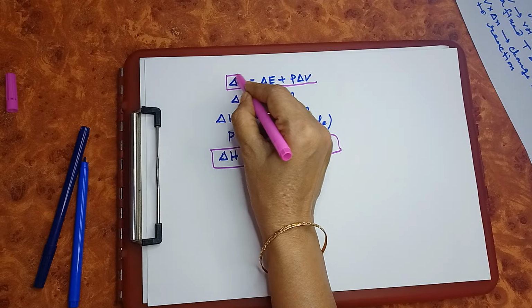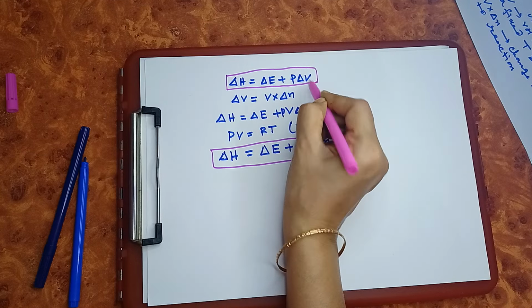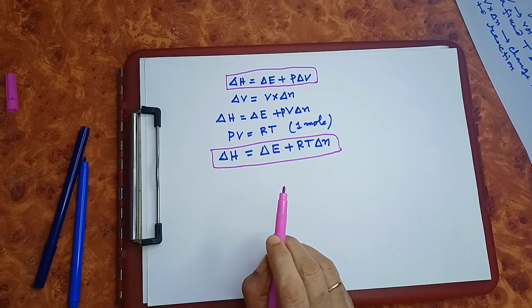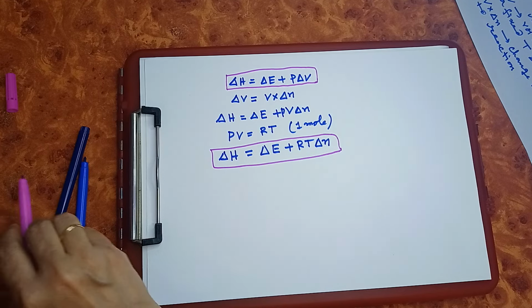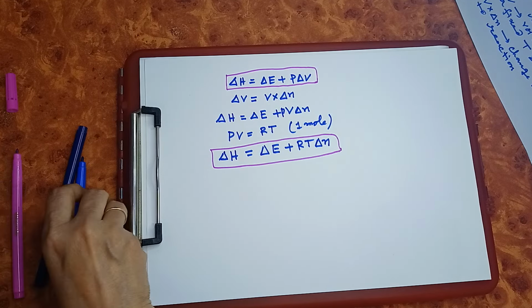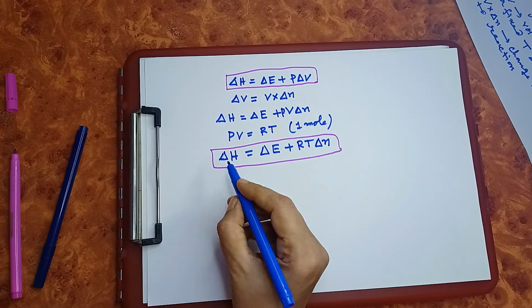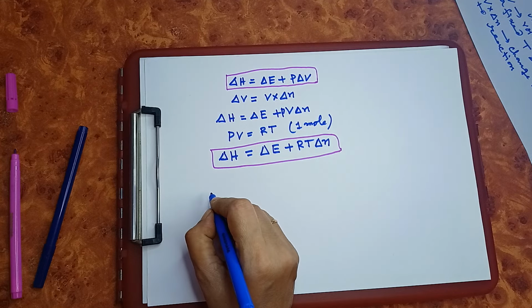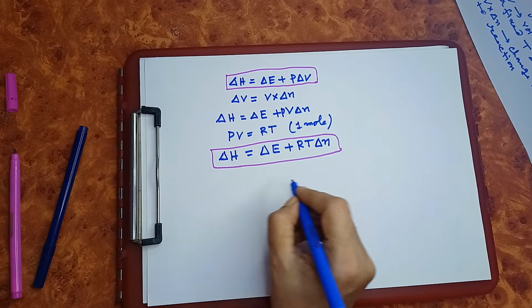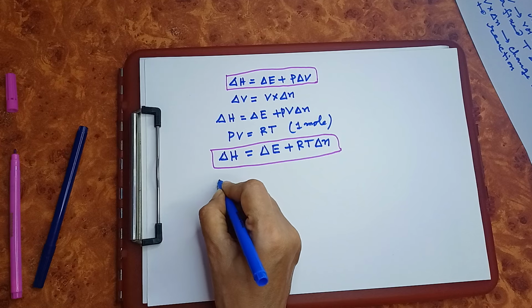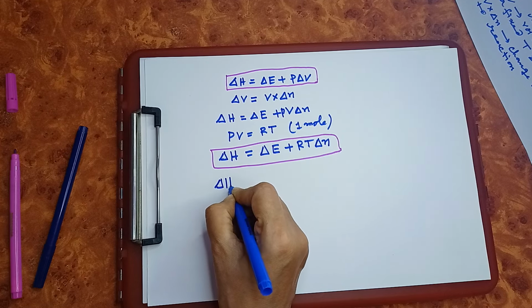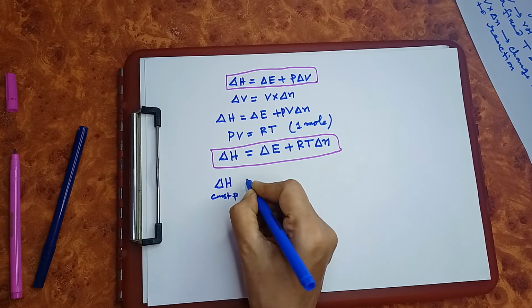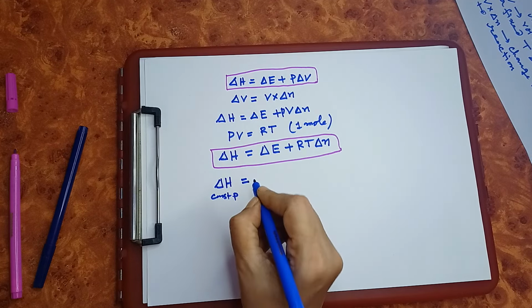What is heat of the reaction? In my earlier video I told you, heat of the reaction is the enthalpy change at constant pressure, that is the difference of the enthalpy of the product and reactant.